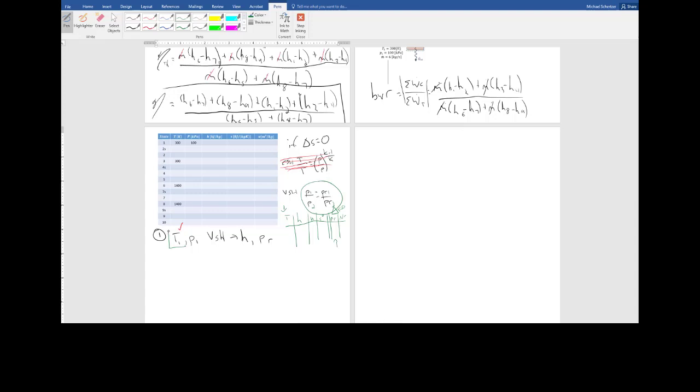But in this case, they told me the temperature. So for state 1, I know T1, so that means I can come over here and I can get H1, and I'm going to get PR1. That part makes sense?